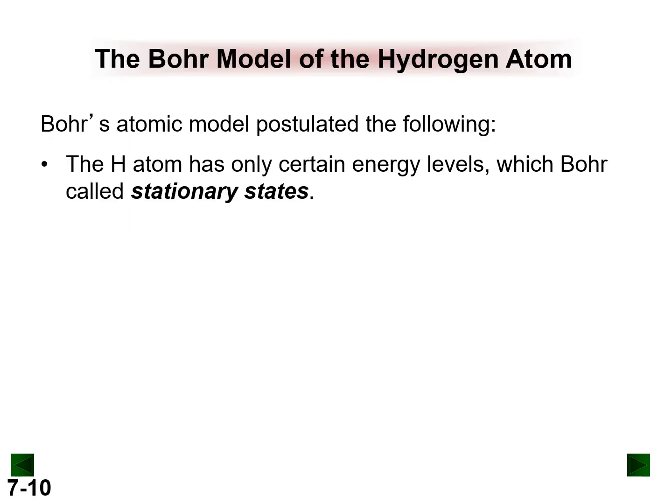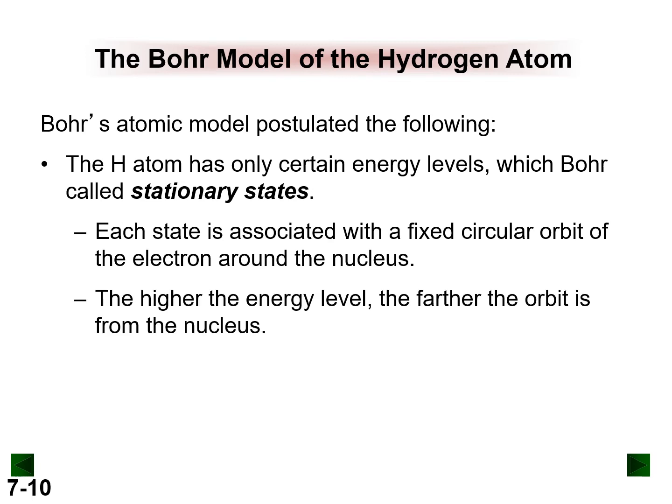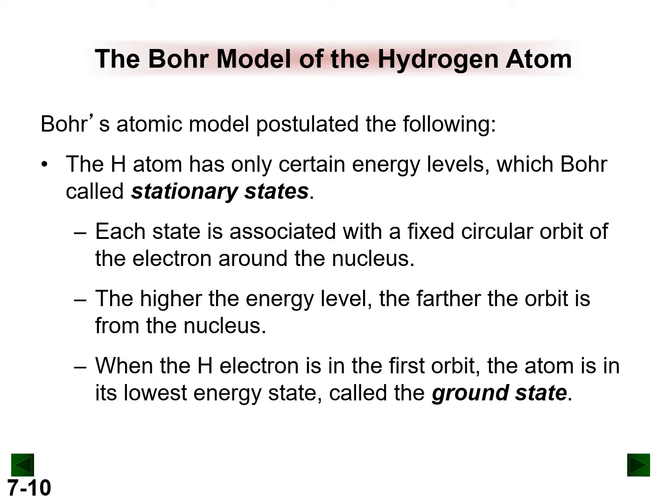According to the Bohr atomic model, each atom has only certain energy levels that we call stationary states. Each state is associated with a fixed circular orbit of the electron around the nucleus.